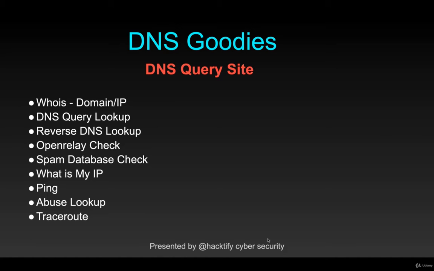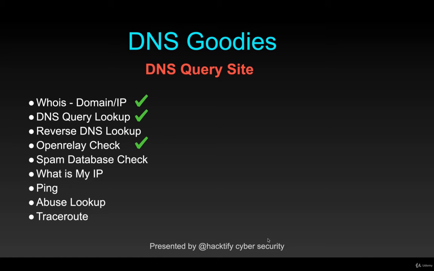of information from that particular target, which will include the DNS records like A record, CNAME record, TXT record, MX record, etc. So with the help of DNS Goodies, we are going to see the whois details of any particular domain or IP address. We are also going to do the DNS query lookups.